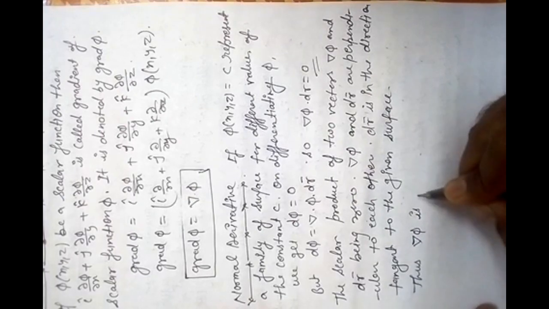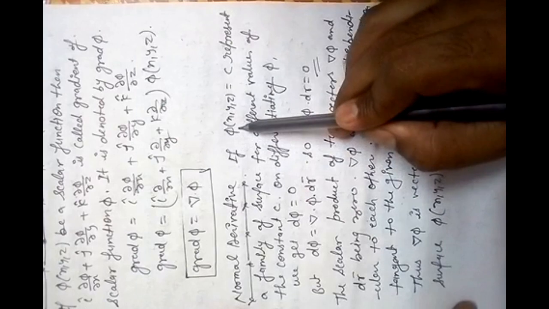Thus del phi is vector normal to the surface phi(x, y, z) equal to c.